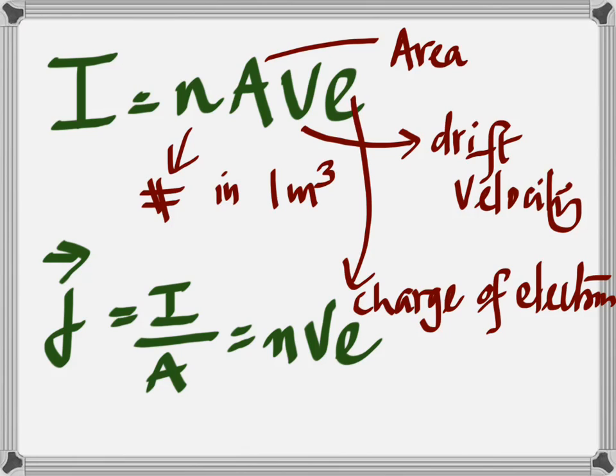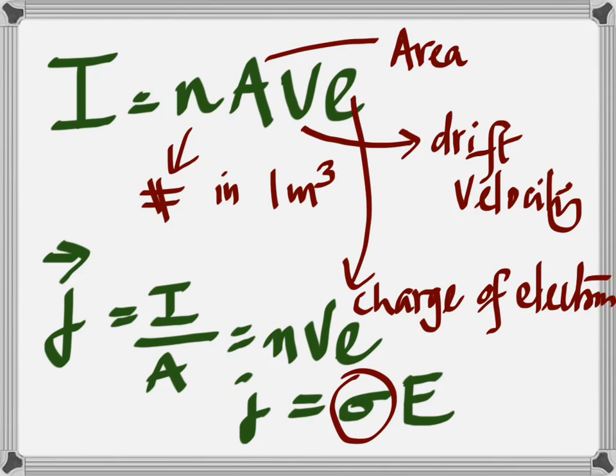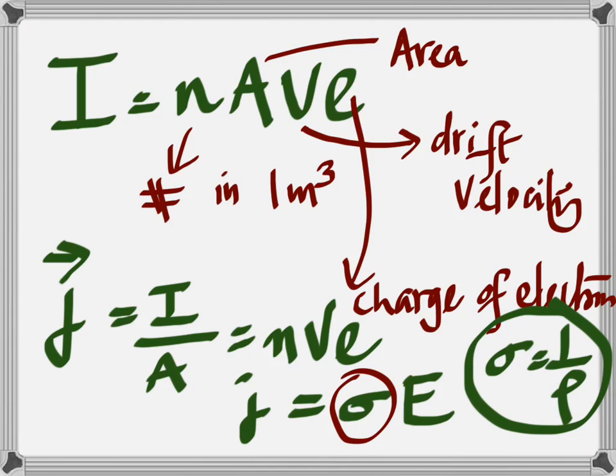This can also be proved to be equal to sigma E, where sigma is called the conductivity, and sigma is the reciprocal of resistivity, rho. So these are the combinations and these are the formulas in this chapter.